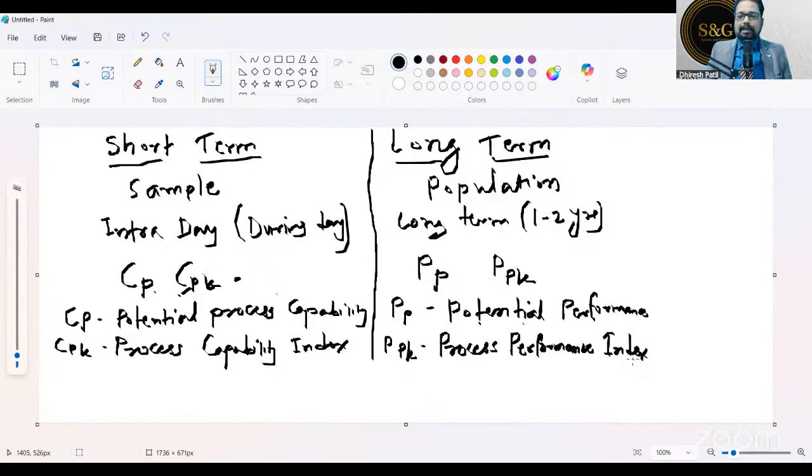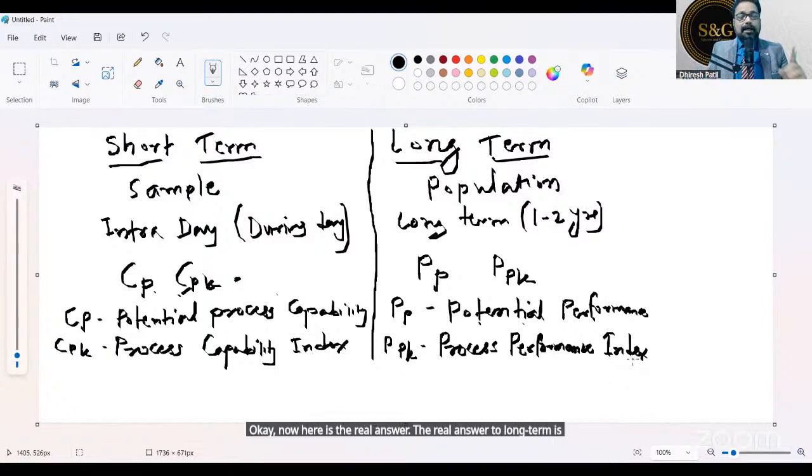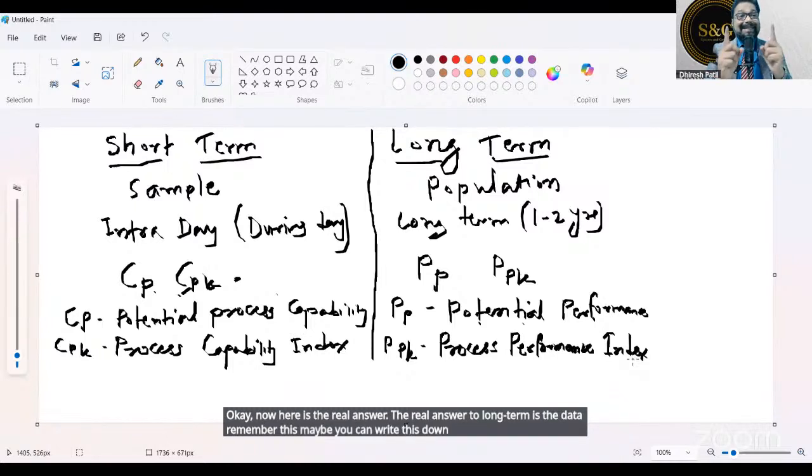Okay. Now, here is the real answer. The real answer to long-term is the data. Remember this. Maybe you can write this down. The data which can encompass all the extreme values in your process is called long-term process capability or long-term data. I repeat again.